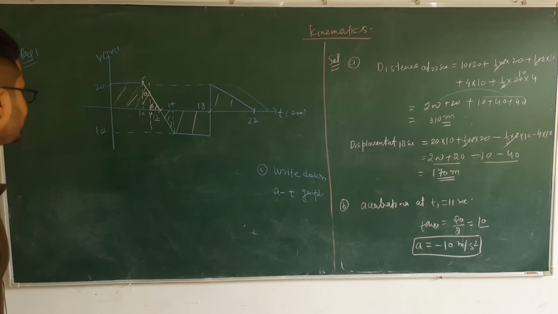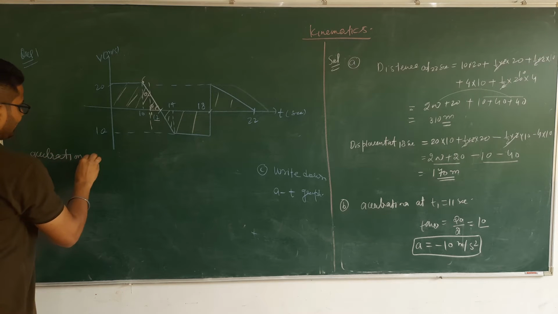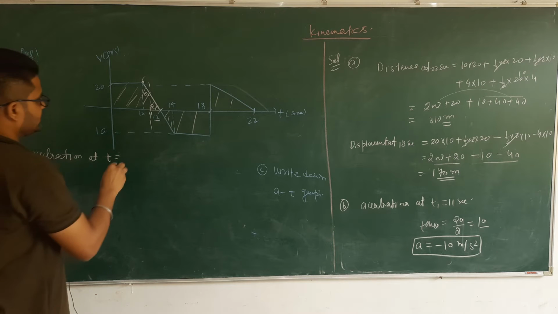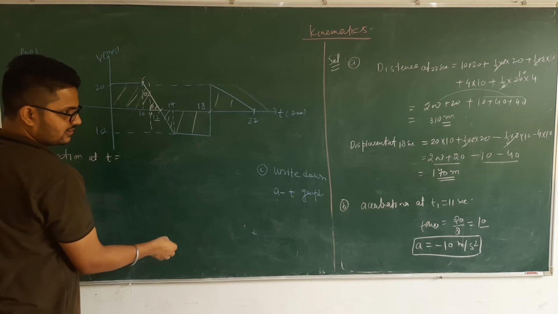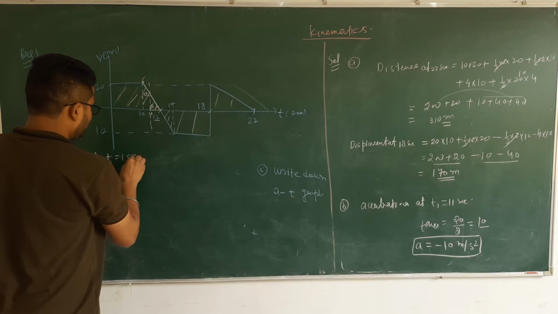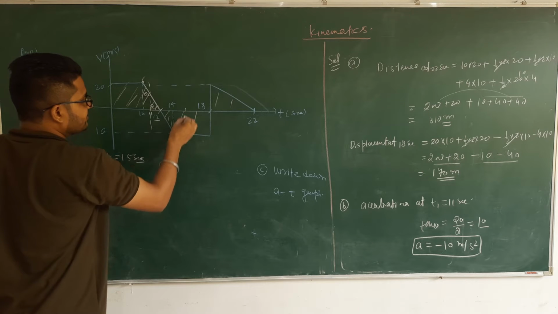So next acceleration at t is equal to, what will be the time? t is equal to 15 second. Okay, so where is 15? I think here is 15 second.